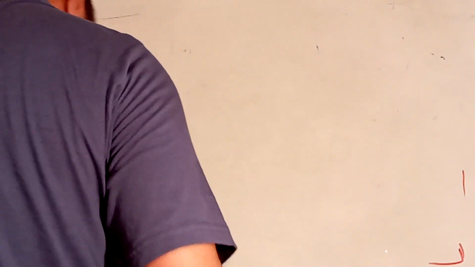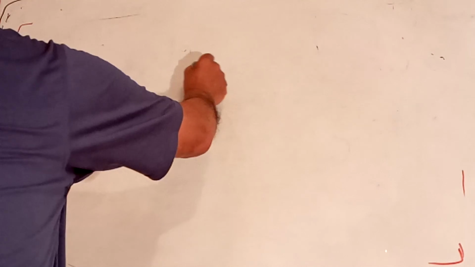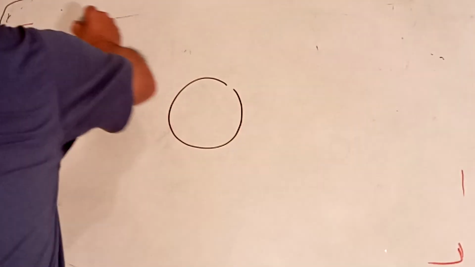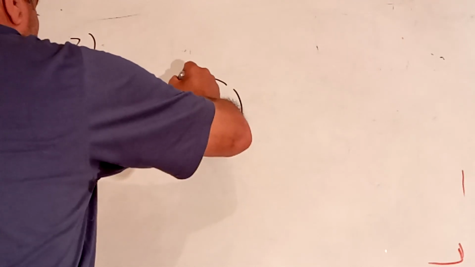Now let's go to number B. Number 3. How many lines of symmetry does it have? This one here. Number 3, and this one will look like this.